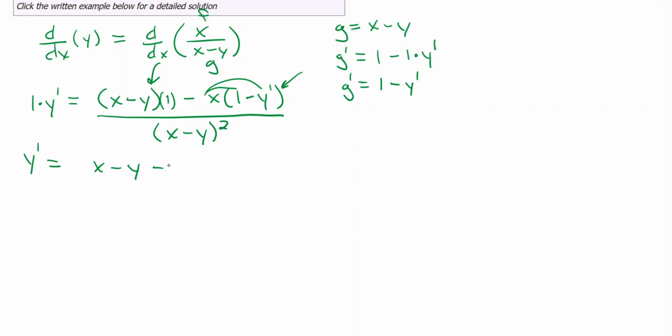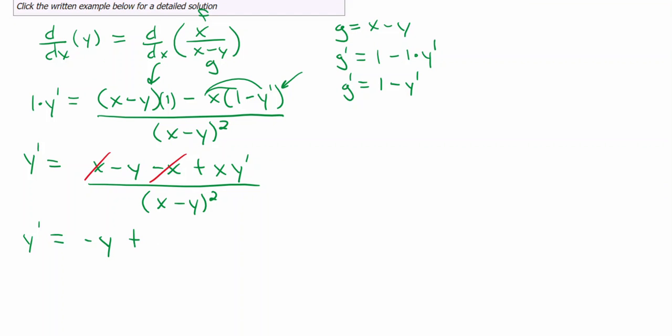So now we've got negative x plus x times y prime, all over (x minus y) squared. Something that works out nicely here: we've got x and negative x, so they cancel. So now we have y prime equals negative y plus x y prime, all over (x minus y) squared.